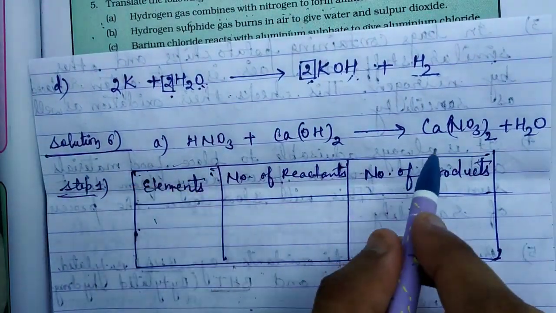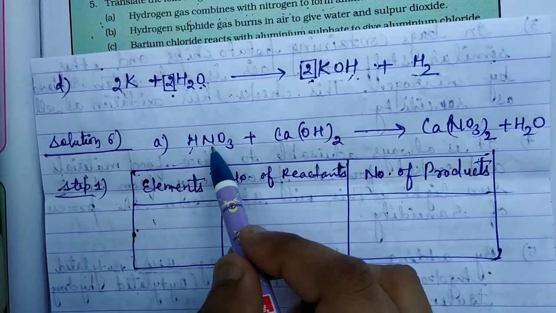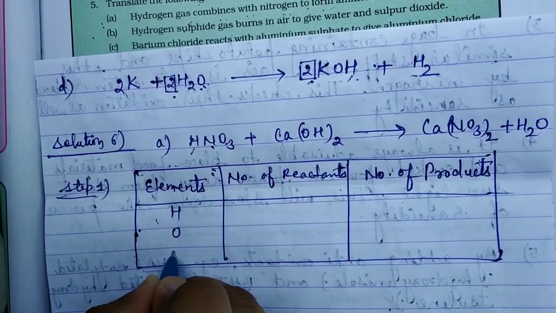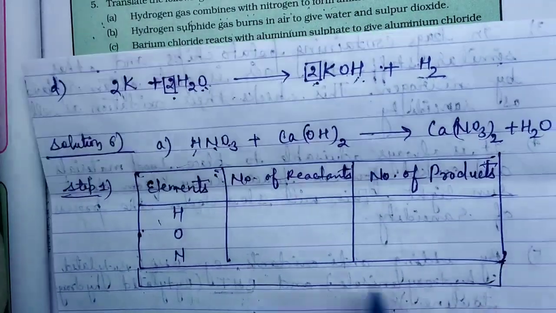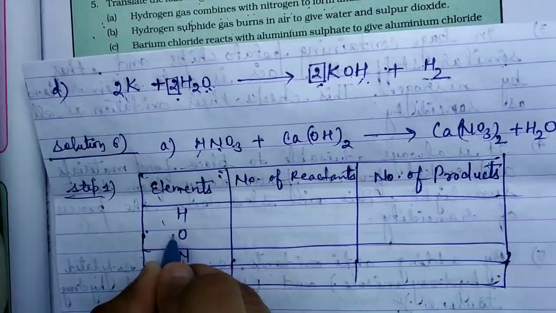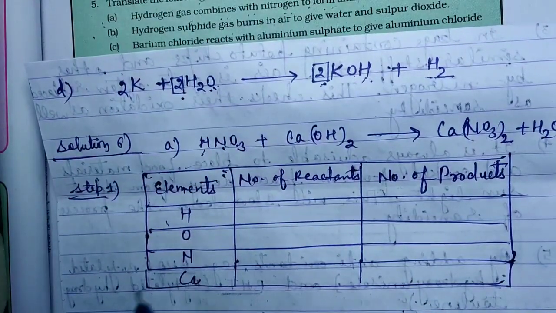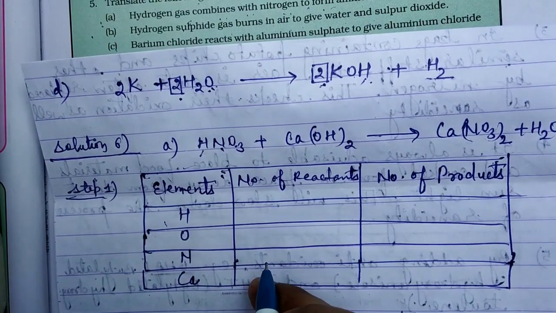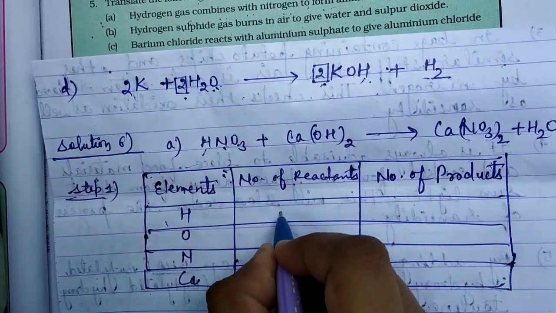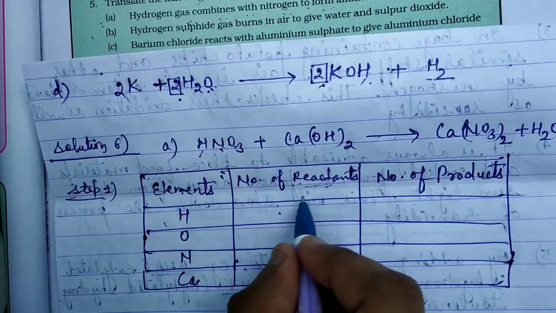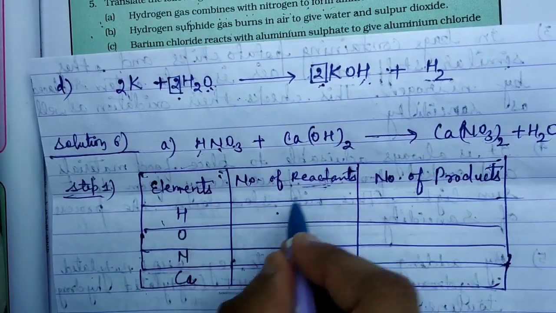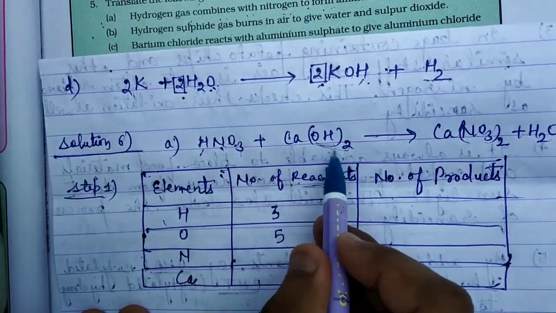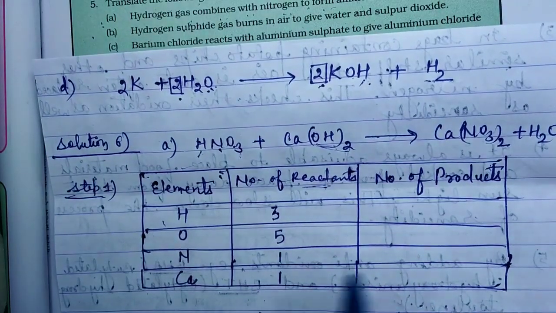In this equation the elements are hydrogen, nitrogen, oxygen, and calcium. Calcium atoms are equal on both sides. For reactants, hydrogen total is 3, oxygen is 5, nitrogen is 1, calcium is 1.